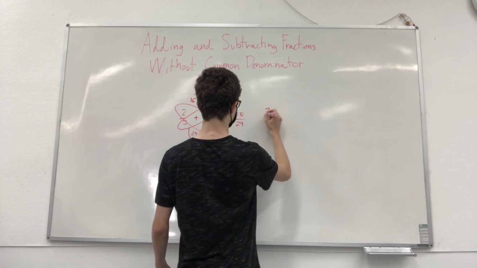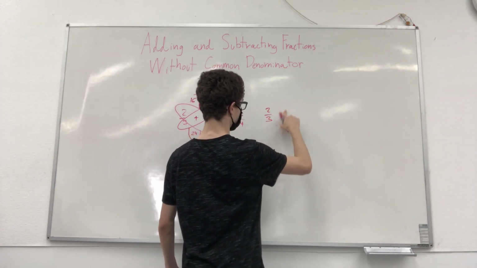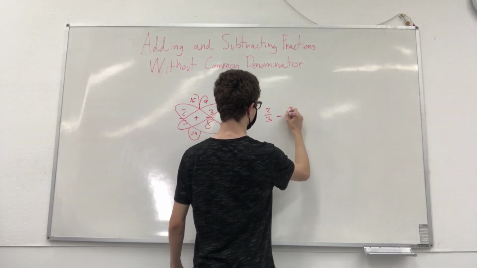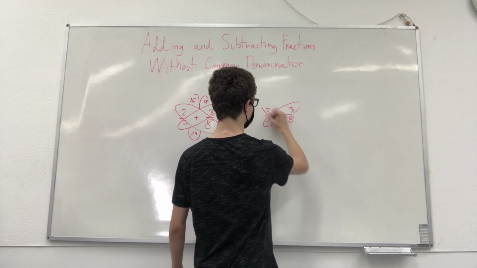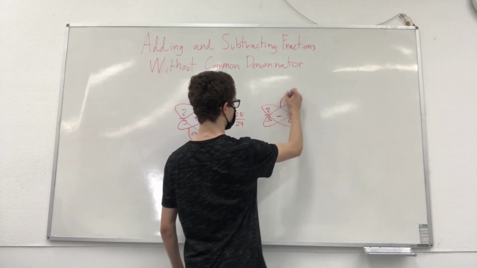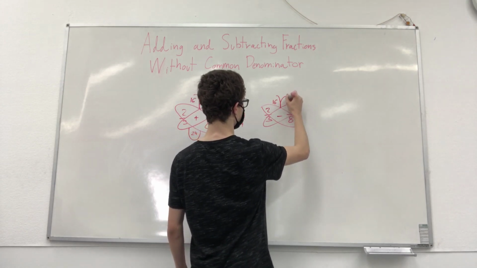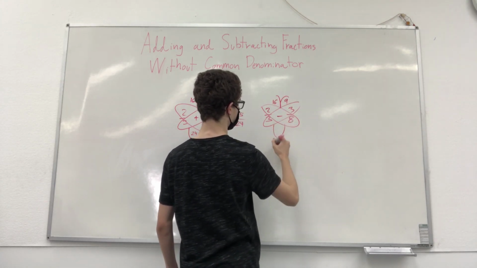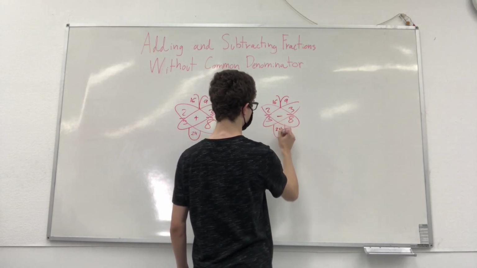If you had, let's take just the same fractions, 2/3 minus 3/8. Draw the butterfly. And here you multiply these two numbers, 16. Multiply these two, 9. And your body is multiplying the denominators, 24.